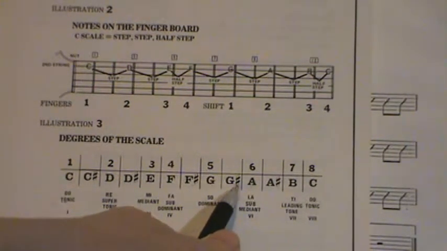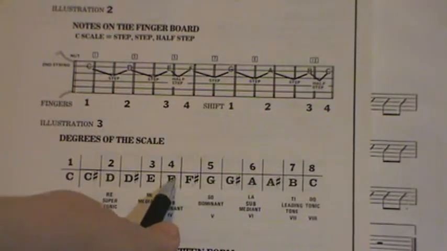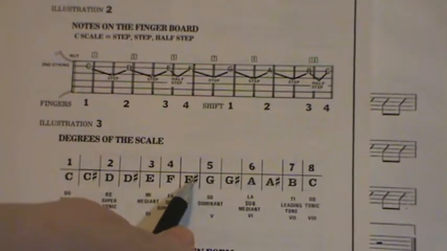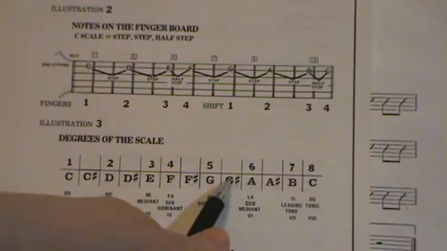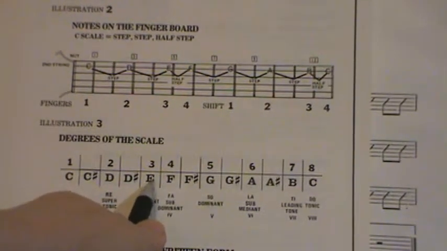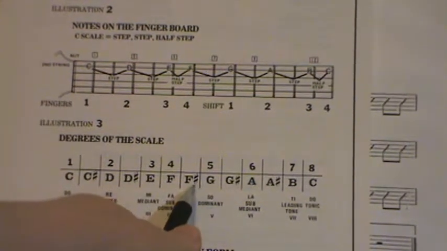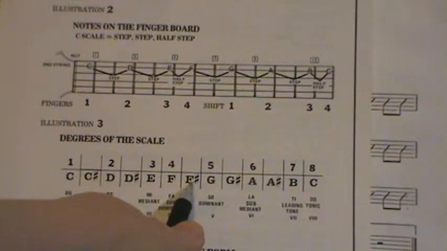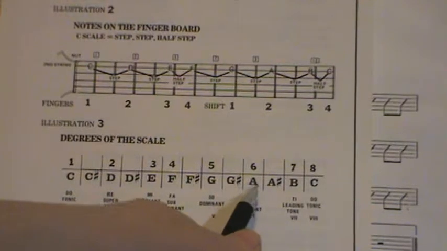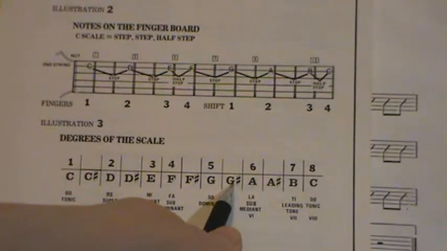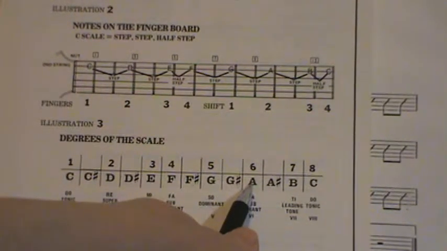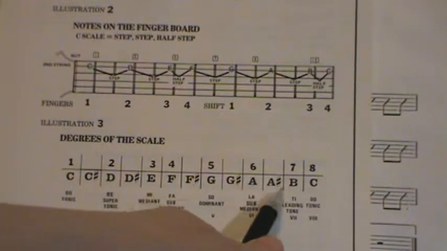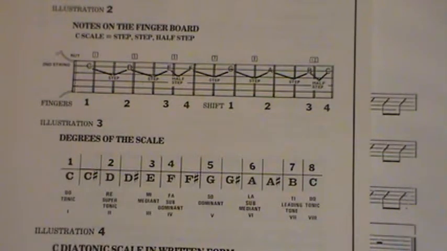I forgot what you call it. So you just count E, F. If it's F sharp, you don't count it. G sharp, you don't count it. E, number 1, F is 2, you don't count F sharp, G is 3, you don't count G sharp, you don't count that, 4 is A, and 5 is B. Okay.